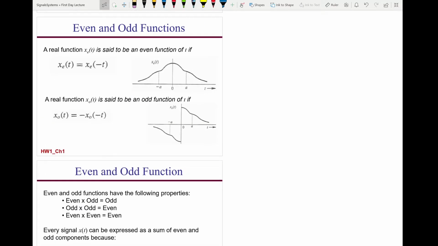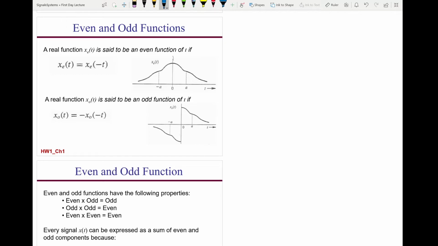Another characteristic of a signal is even and odd function. Sometimes mathematically or in signal processing it is much easier for an even function, and sometimes it's easier for an odd function. So I can express any signal as a combination of even and odd signals. But for now, let's just define what we mean by an even signal.